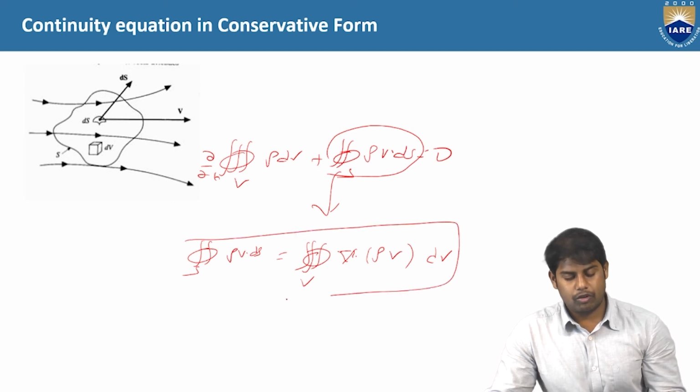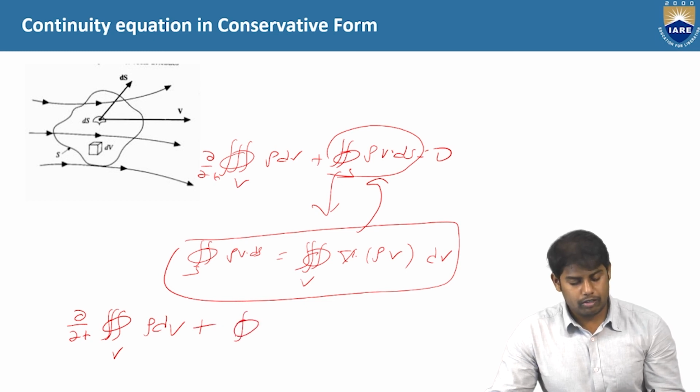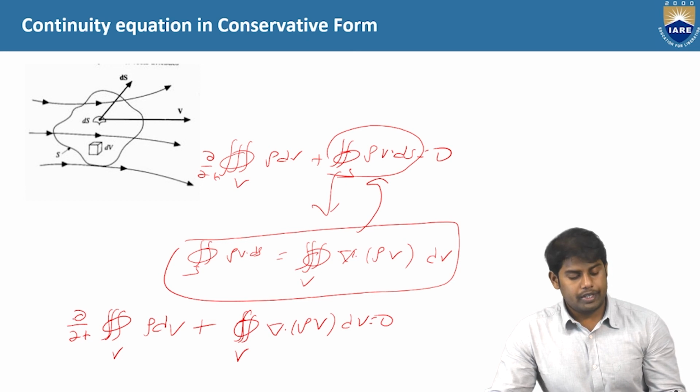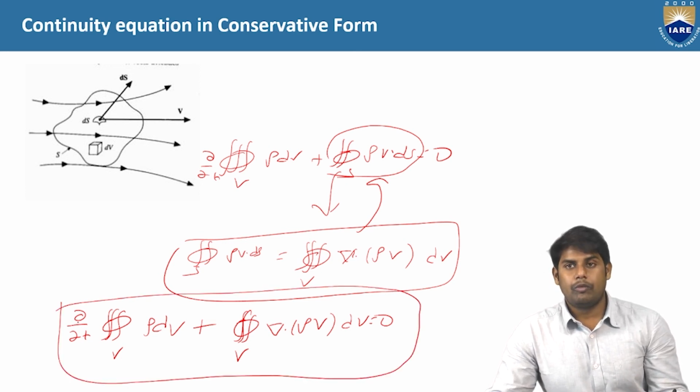This formulation will apply here, and the corresponding equation is plus. Here also we have a volume integral. So basically this is the total volume integral of the continuity equation which we have.